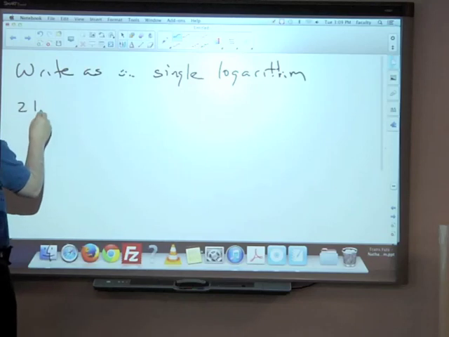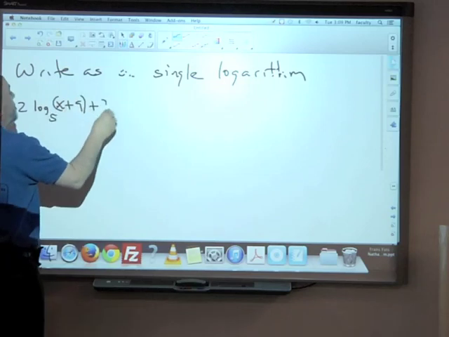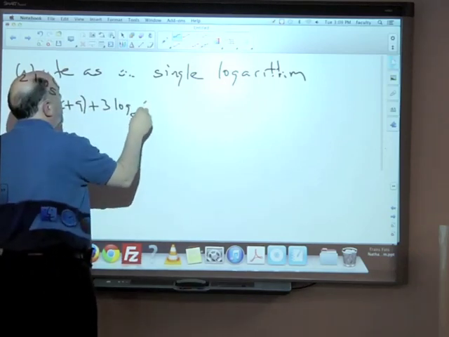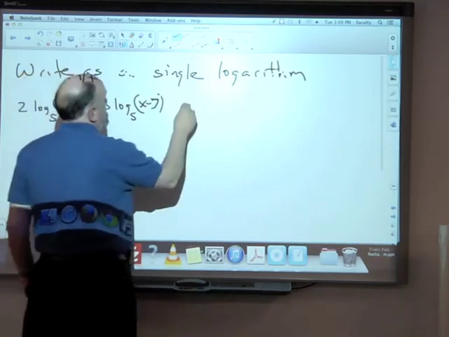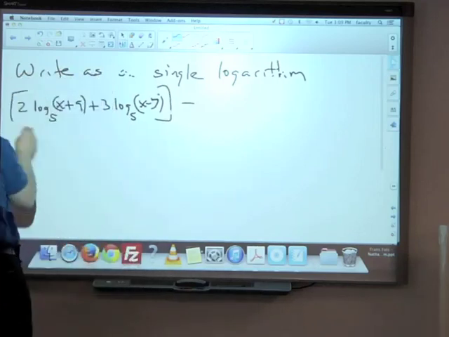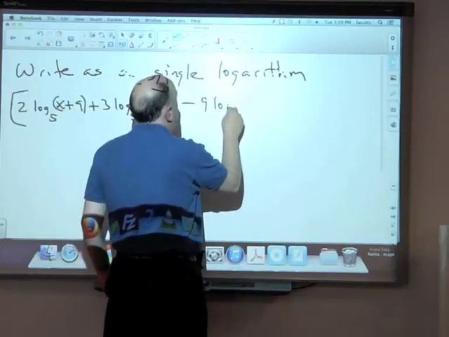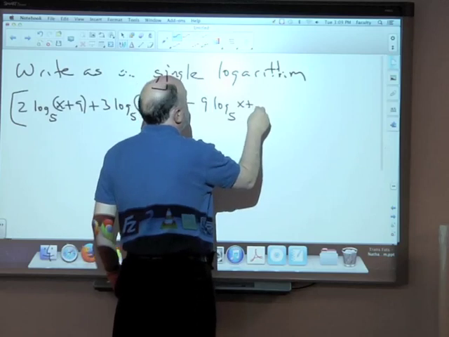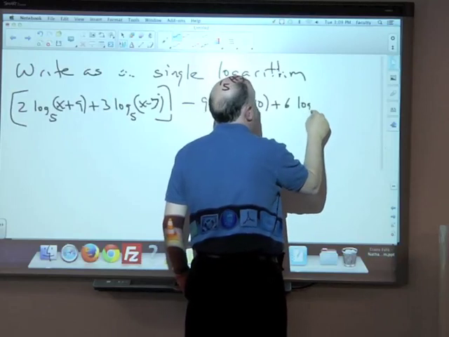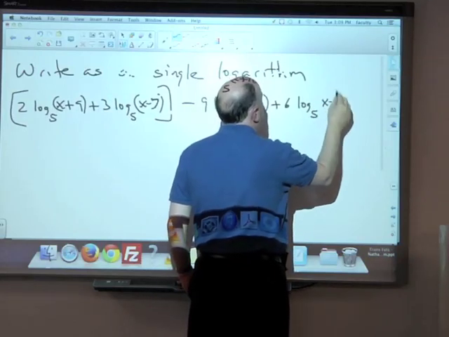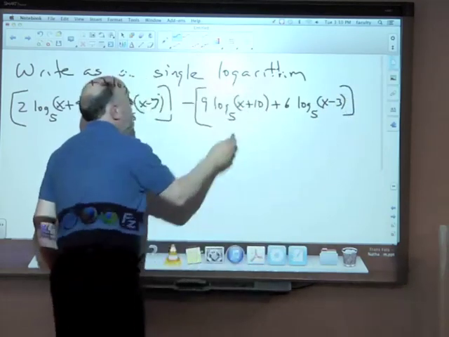Let's see, 2 log base 5 of x plus 9, plus 3 log base 5 of x minus 7, minus 9 log base 5 of x plus 10, plus 6 log base 5 of x minus 3. There you go.